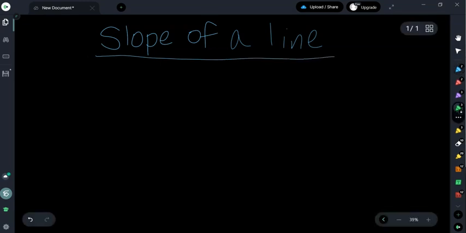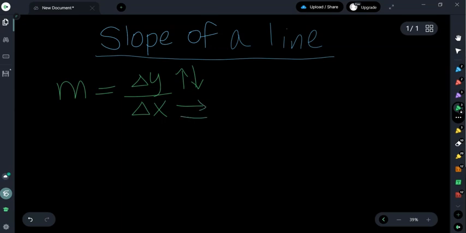If you remember, we had the slope of a line as m equals the change in y over the change in x. The change in y is the vertical change of the line from point to point. The change in x is the horizontal shift of the line from point to point.